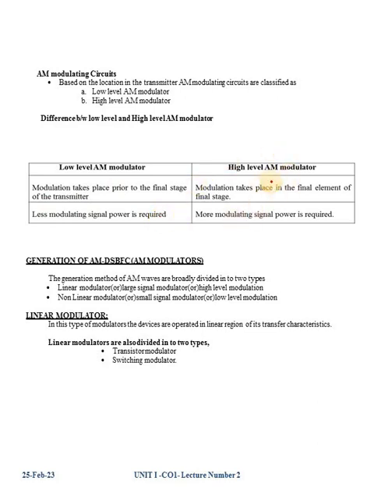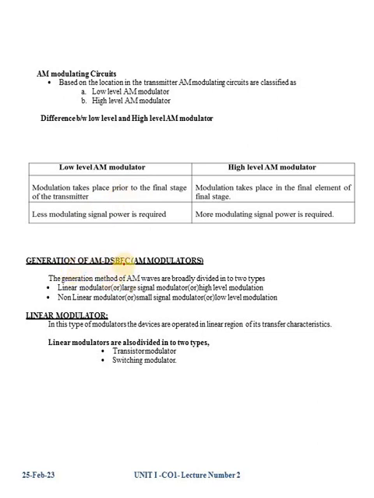Whereas in a high level AM modulator, modulation takes place in the final element of the final stage of the transmitter, and more modulating signal power is required. So these are the two classifications of AM modulators based on signal power and place of modulation.